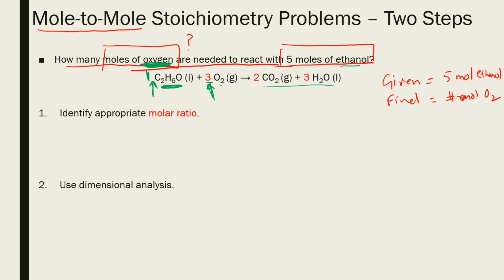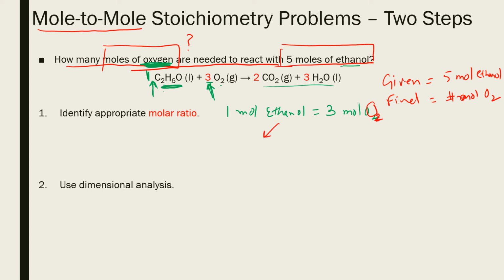Okay, so now the relationship is that 1 mole of ethanol needs 3 moles of oxygen. From this relationship, we can write the conversion factor, and that's the same as the earlier conversion factor: left over right or right over left.